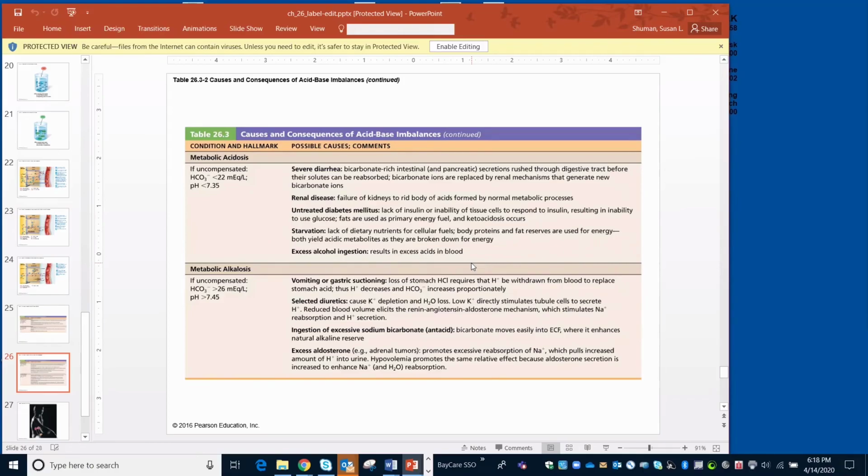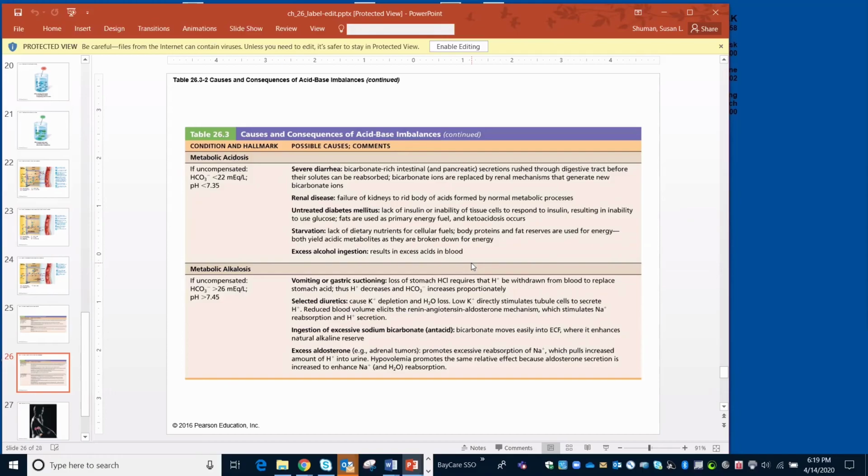Take that 23. What does it do? It would rise. Perfect answer. So maybe I would have to take it to say 28, right? Because that would be up and out of normal range, right? So that would tell you that I have partially compensated respiratory acidosis.